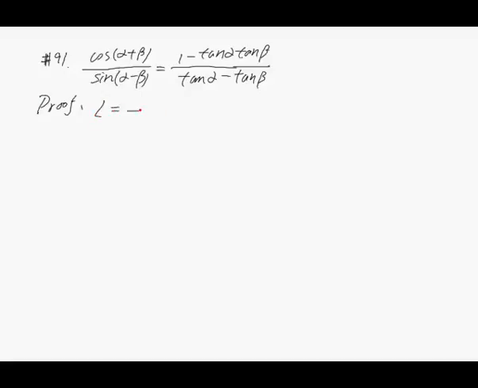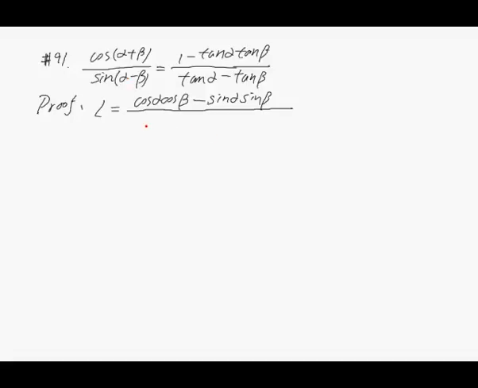So first, let's use the identity of cosine of a sum and the sine of a difference to expand the numerator and denominator. So this guy is equal to cosine alpha times cosine beta minus the sine alpha sine beta.